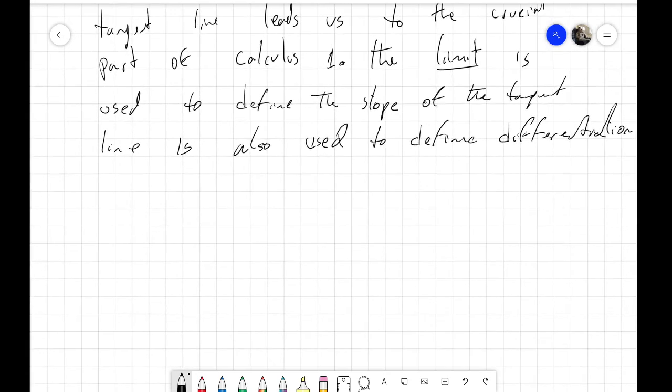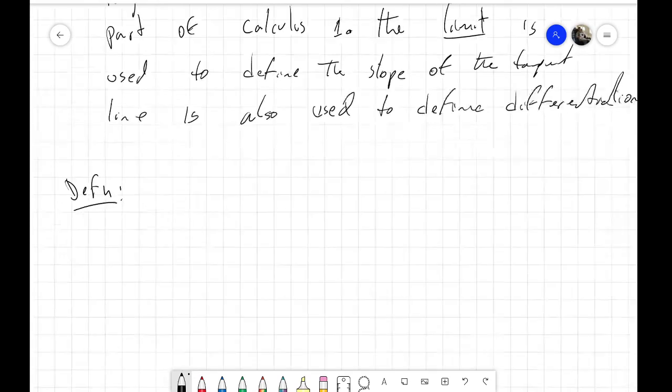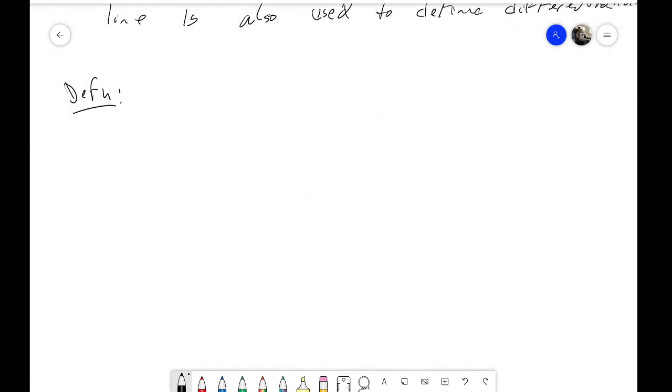So let me define formally for you the most important tool that we will use in the whole semester, which is the derivative of a function. So, definition of the derivative function.